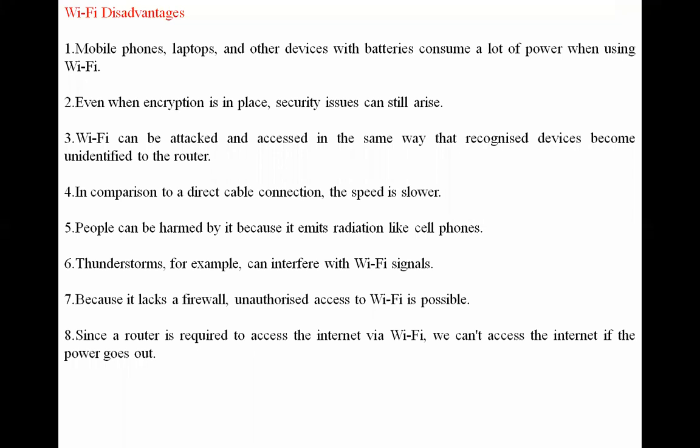In comparison to a direct cable connection, the speed is slower. The cable connection is connected directly. The speed becomes slower when more and more users use this particular Wi-Fi network, because the Wi-Fi gives a particular bandwidth.